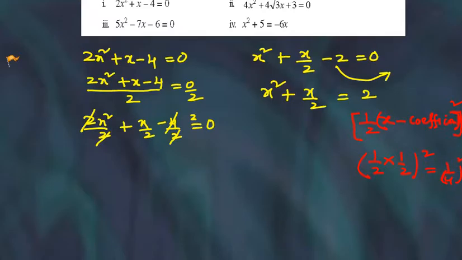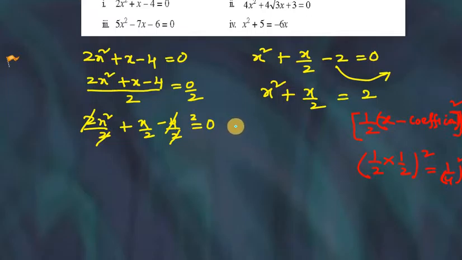This 1 by 4 whole square, you have to add on both sides, the left hand side as well as the right hand side. This step is very important. As simple as that, we are adding the square of half of the x coefficient on both sides. Please keep that in mind.